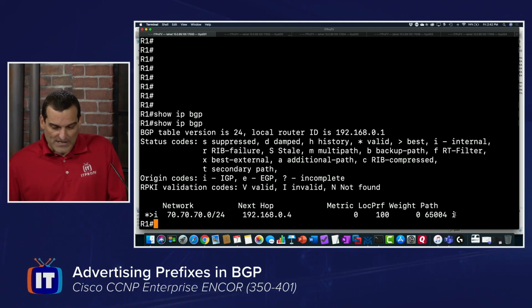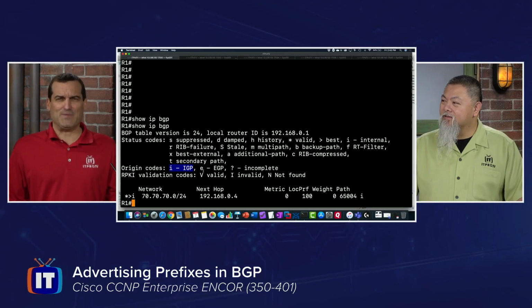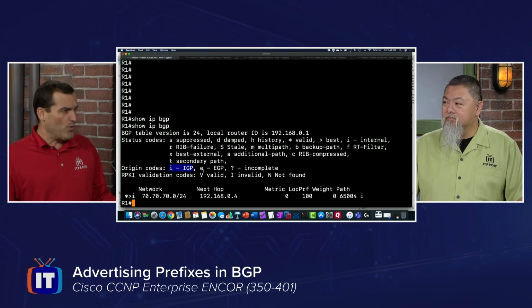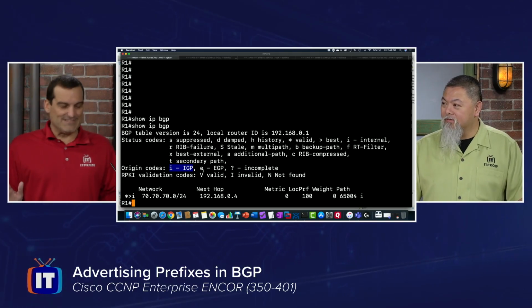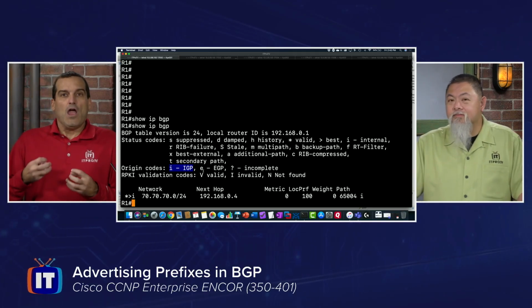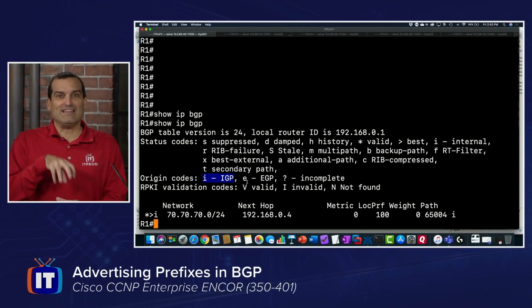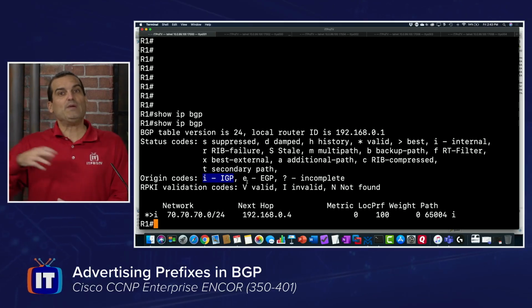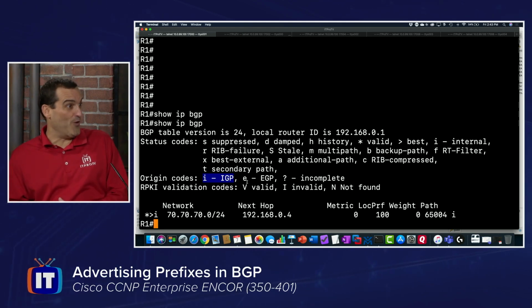This i over here, Ronnie, is super interesting. This means IGP. Wait a minute, we didn't learn this from an IGP. We learned it from the network command, and that's in BGP, which is not an IGP. So here's the reason that says IGP. The idea behind this is if you're using the network command, you're picking up a prefix you learned from something like OSPF.